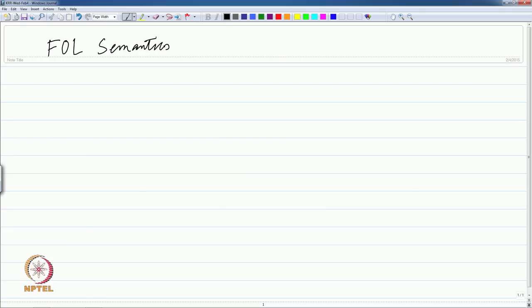So, if you remember, a first order language is defined by a set of relation symbols, a set of function symbols and a set of constant symbols. And given this alphabet, we had defined a set of terms.